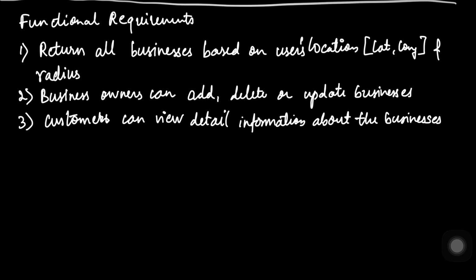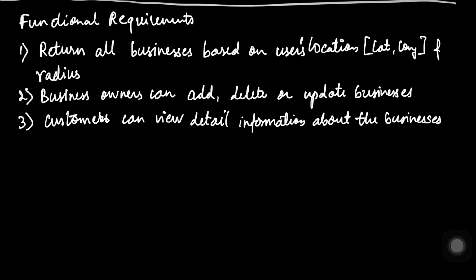Remember, functional requirements are the ones which can be discussed with the interviewer at the start, or if you have a brief idea about the problem statement, you can just go with the functional requirements and confirm with the interviewer that you're thinking in the correct direction.